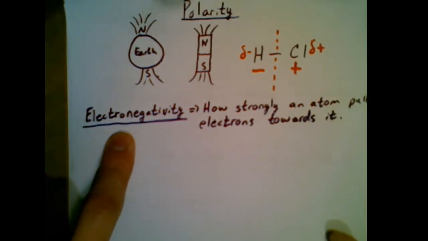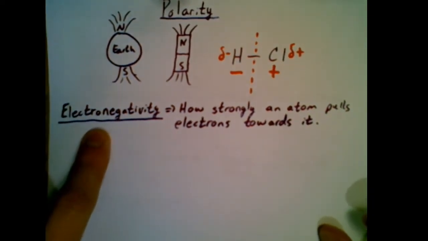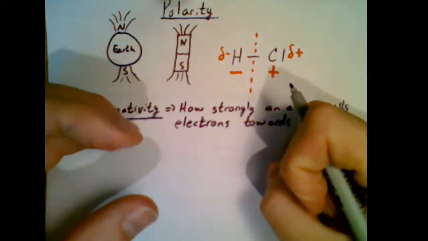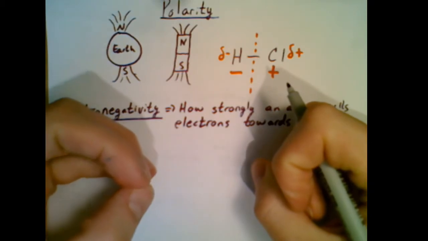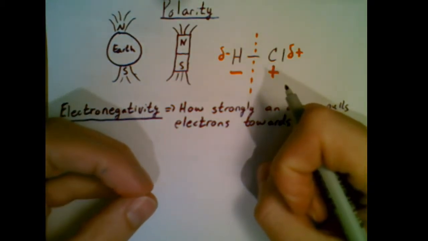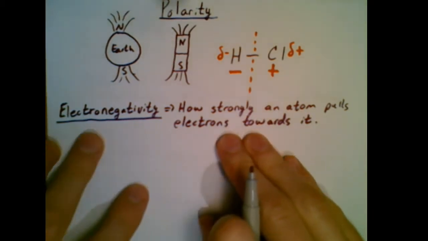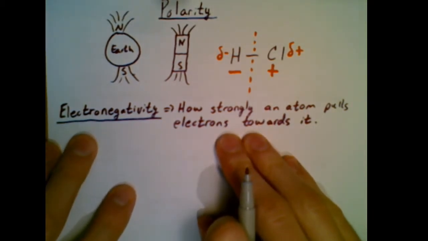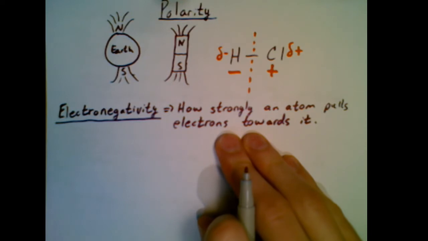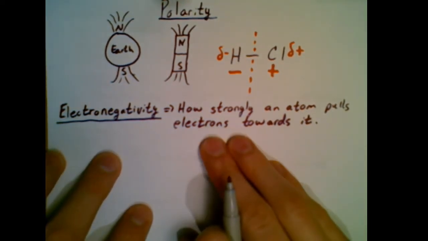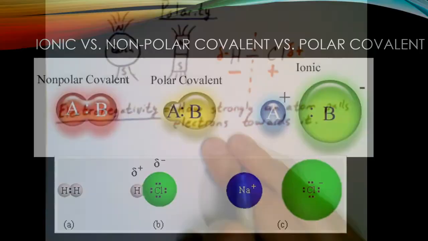And so some atoms are able to pull electrons really, really strongly. And some atoms are not able to pull electrons very strongly, or actually are better just giving them away. And this all has to do with the property of electronegativity. This actually leads to the different forms of bonds that exist in a molecule.